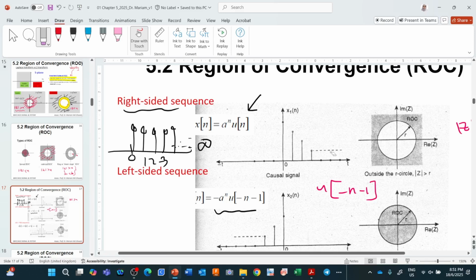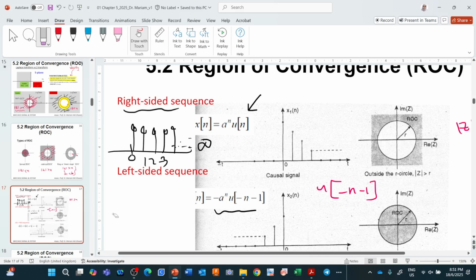Right-sided sequence means you have the signal only on the positive side. If you look at x[n] = a^n u[n], n is just a value, and u[n] means the step starts from 0 until positive infinity. The other values are 0.